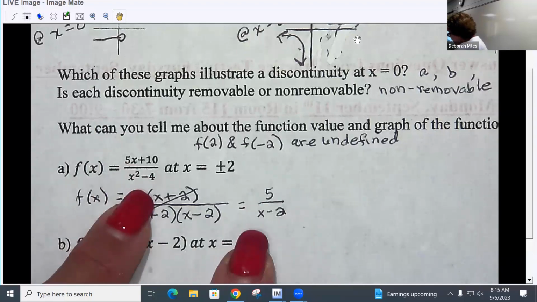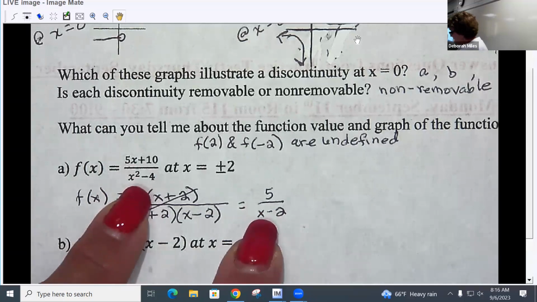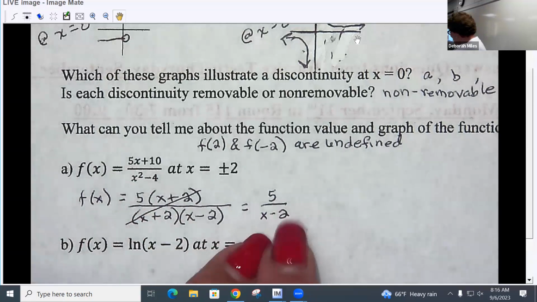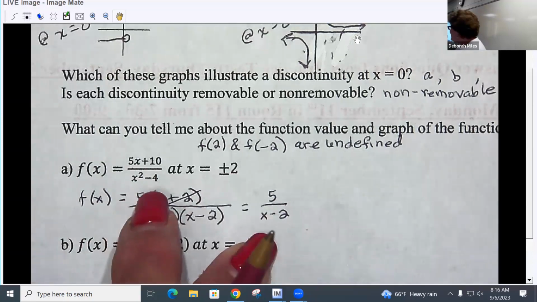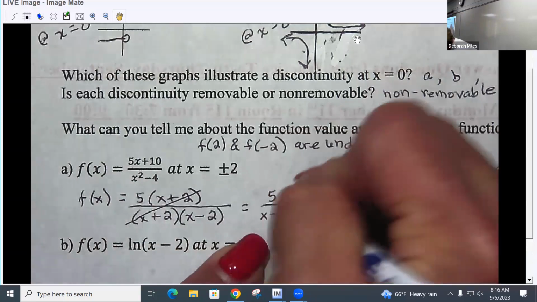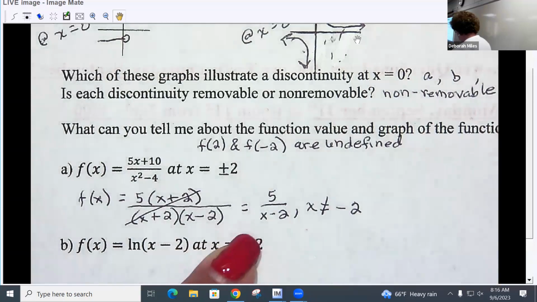For what one number are these two expressions not equivalent? -2. I can put -2 into the second expression, but I can't put -2 into the original expression. So I really can't say they're equivalent. I can say they're equivalent for all values except -2.